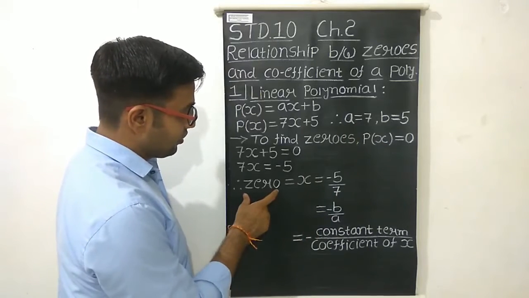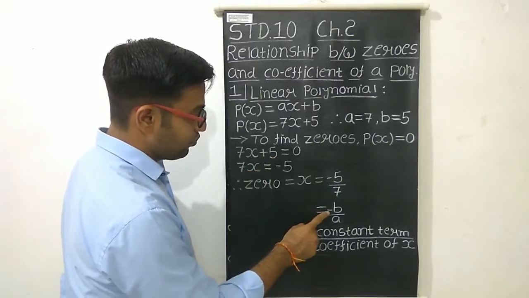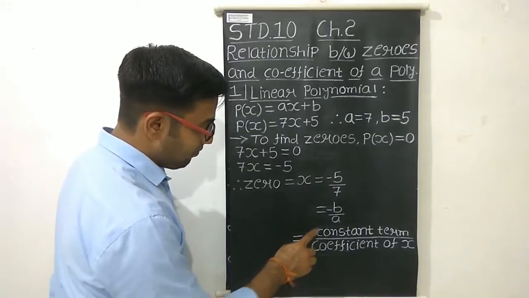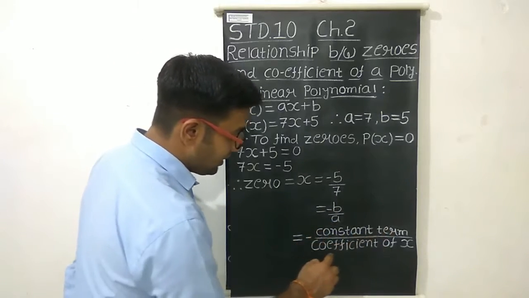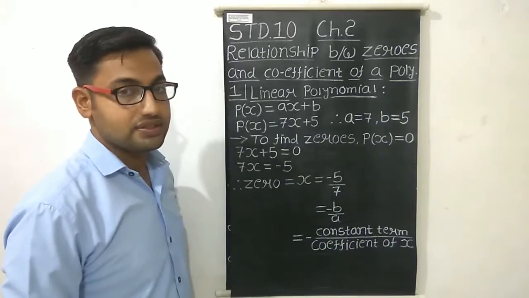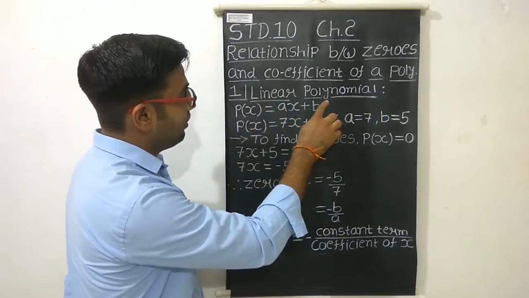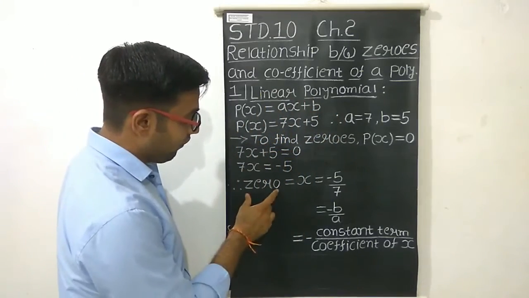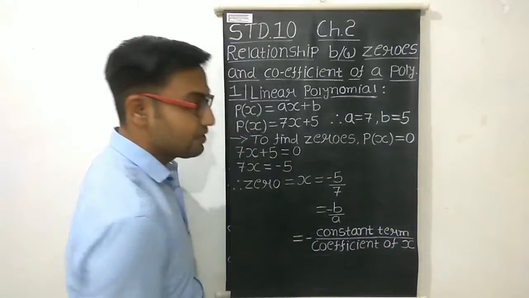Zero of this linear polynomial is equals to minus b upon a. Minus remains as it is, b is the constant term and a is the coefficient of x. So this is the relation for the linear polynomial between zero and coefficients. Zero of linear polynomial is equals to minus constant term upon coefficient of x.